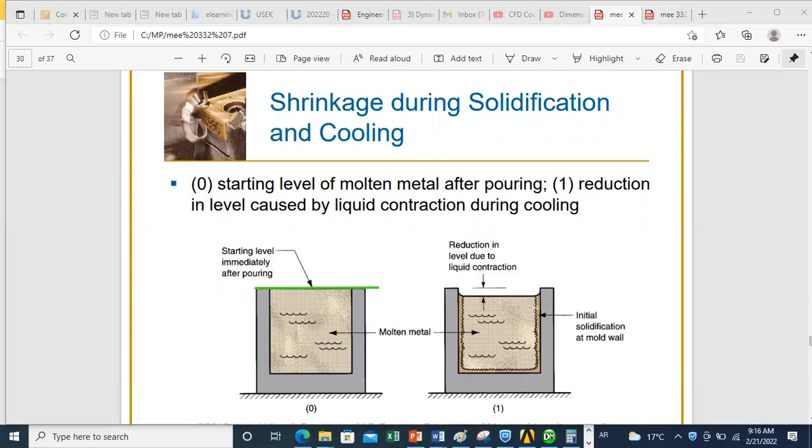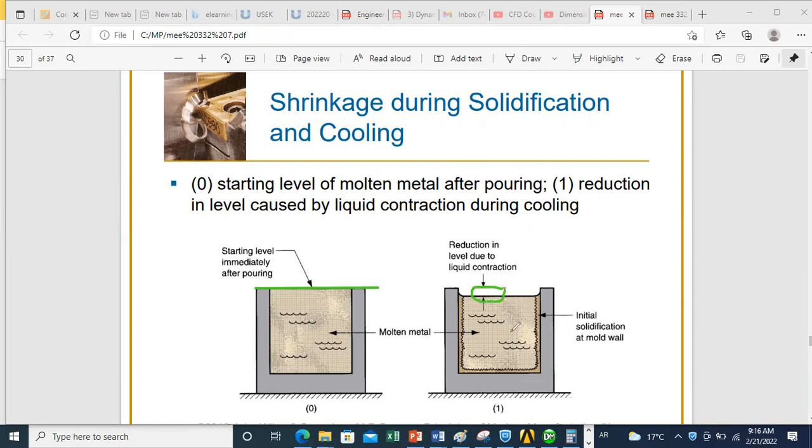Now, because of the contraction when you change from liquid to solid state, because you know that the density of a solid is larger than the density of the liquid, and because mass is conserved, you can have a reduction in volume. So this is what we call the reduction level due to liquid contraction.